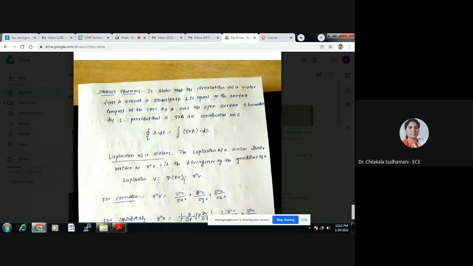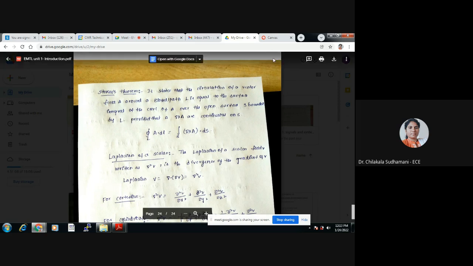But there we considered volume and surface integrals, while here we are considering line and surface integrals.